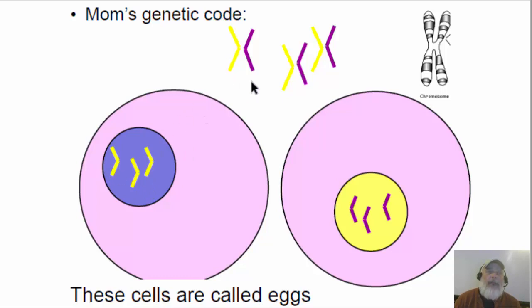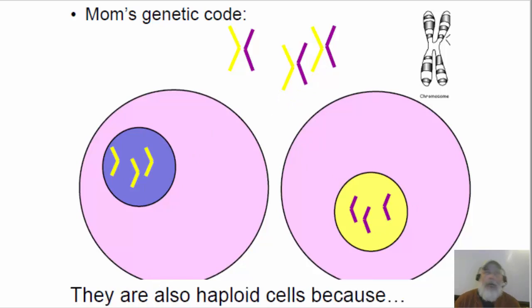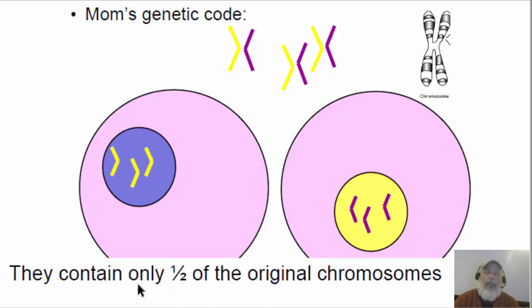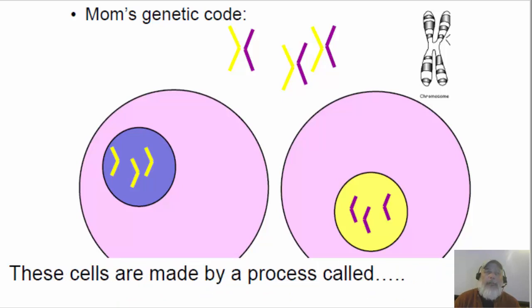You're going to have half of the chromosomes in each of the sex cells. And these are called haploid cells, and we know that because they have only one half of the original chromosomes. These cells are made by a process. What is that process called? You should know that that process is meiosis.